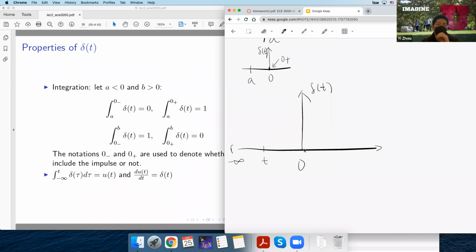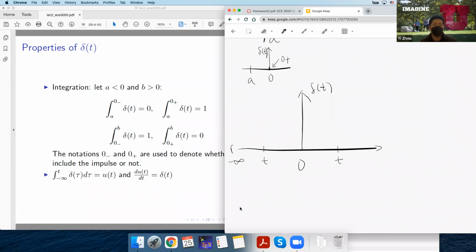Once t crosses this origin, this integration immediately includes this entire impulse. And the integration of an impulse, by definition of the impulse function, gives us the constant value 1. And then if t keeps increasing to the positive side, the entire integration will only contain this single impulse. So the integration is always 1 when t is positive.